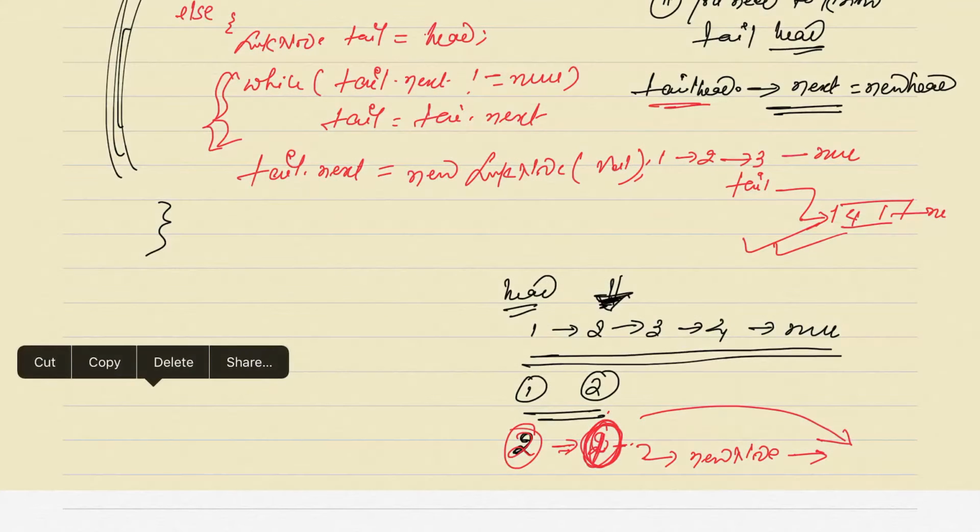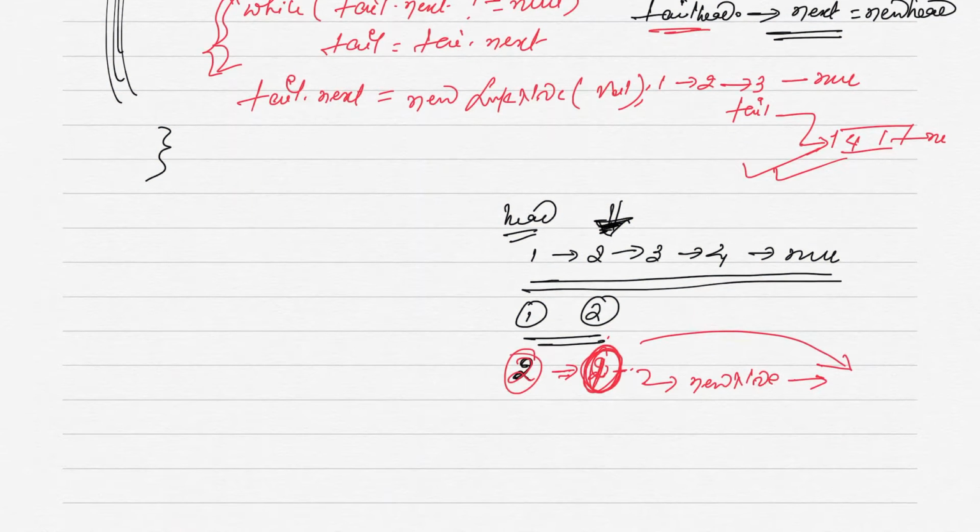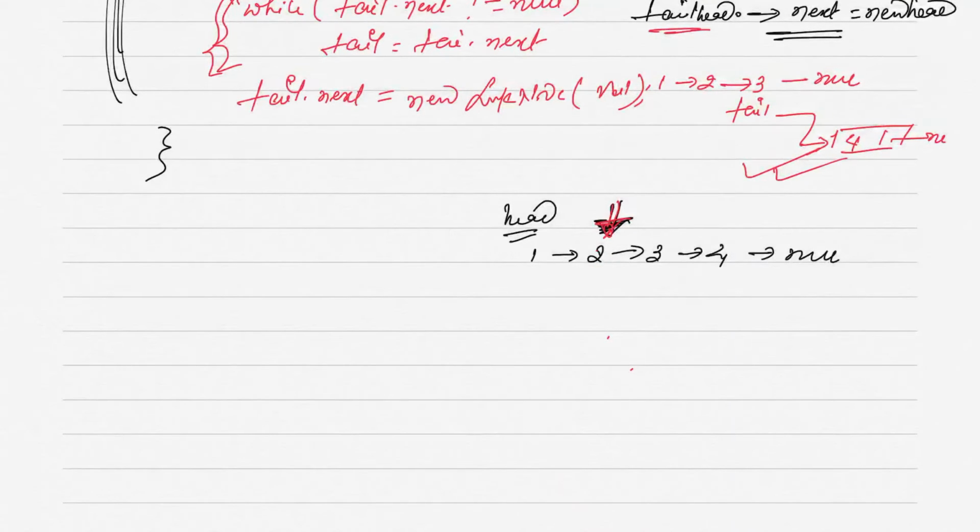Okay, so how is the code going to look? Here we need to traverse to whatever position has been given, we need to find this node. If we got this node, we will ask this node to point. I will try to demonstrate once again. Suppose I created one node here.